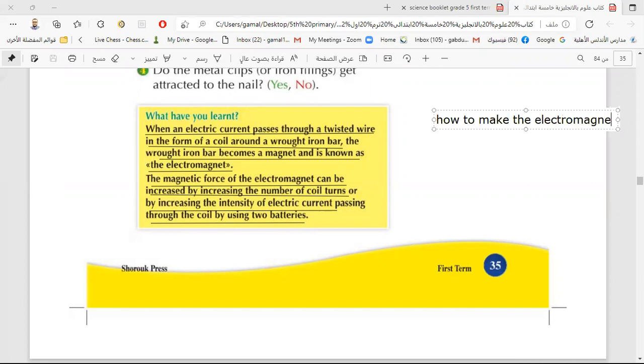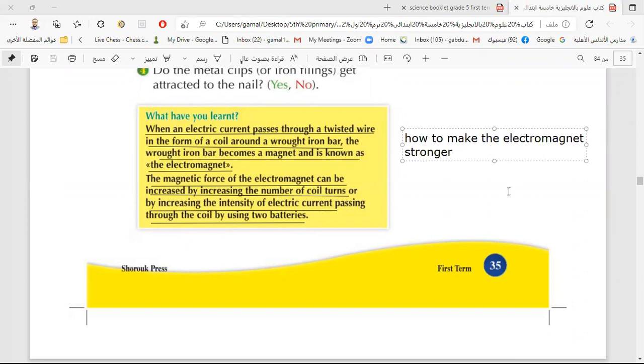So it is an easy question. You can make the electromagnet stronger by what? Somebody can answer me now.